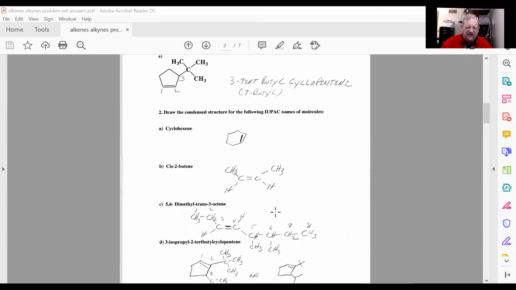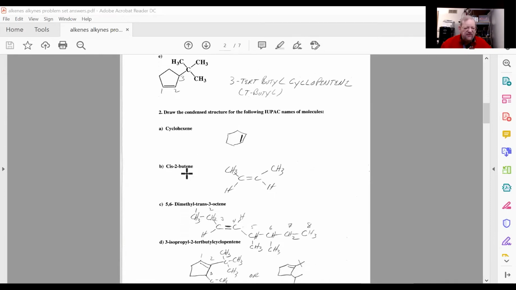Now, second type of nomenclature question is draw the condensed structure, which means you don't have to show carbon-hydrogen single bonds. Like I have here, CH3 is not showing the single bonds between carbon and hydrogen, just condensed. Cyclohexene, and you could have put the double bond between any 2 carbons.